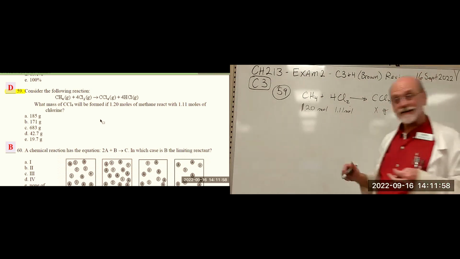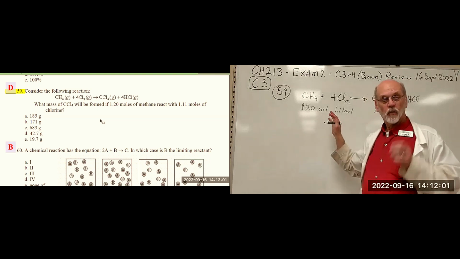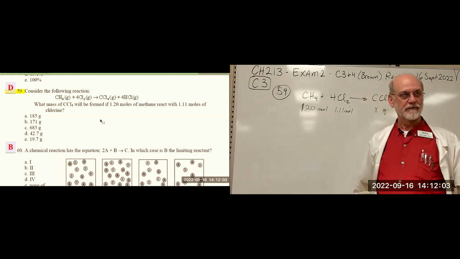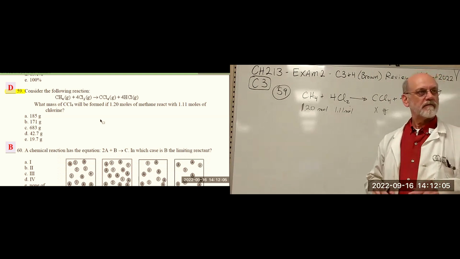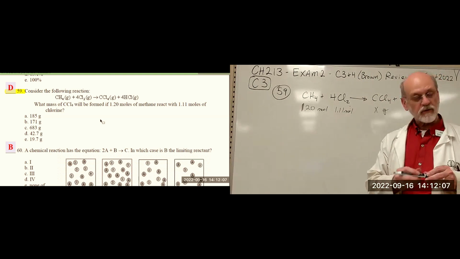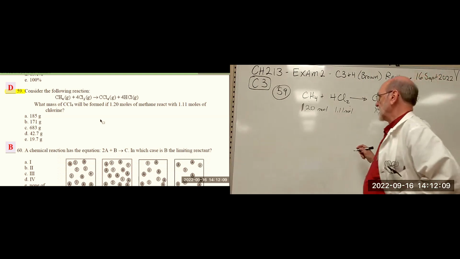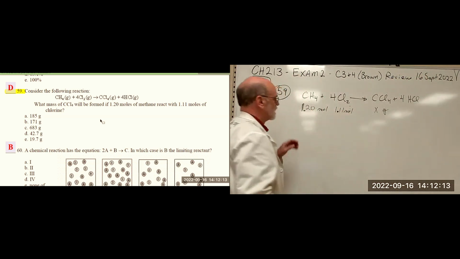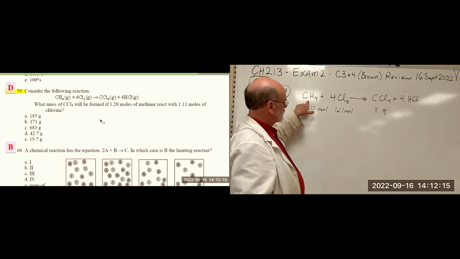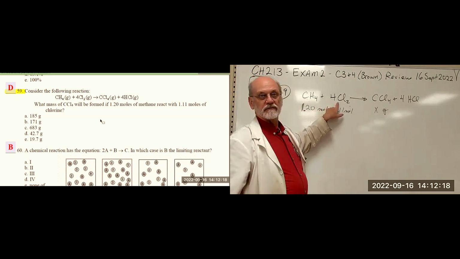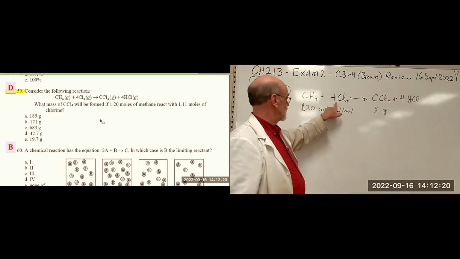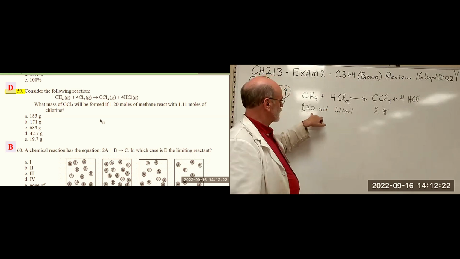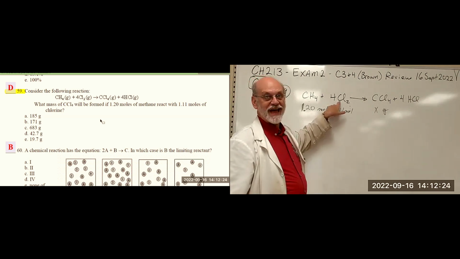Whenever you're given exact amounts of reactants, one of them is going to run out. It's rare that you're given a stoichiometric mixture. So look at this. Since they're already in moles, if you have 1 mole of this, how many moles of that are you going to need? 4. If you have 1.2 moles of this, you're going to need 4.8 moles of that.